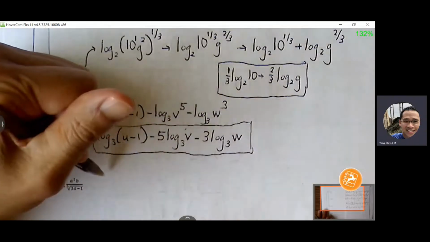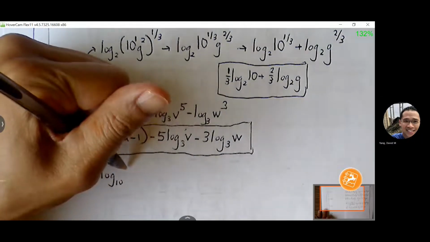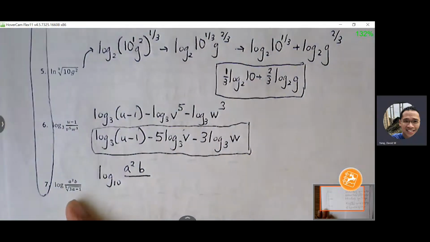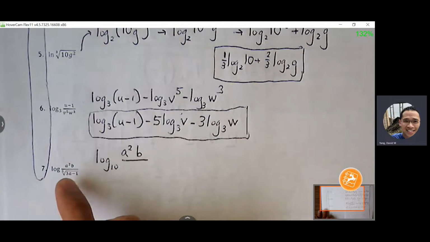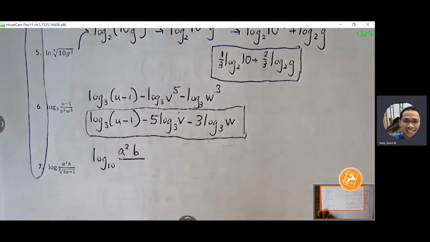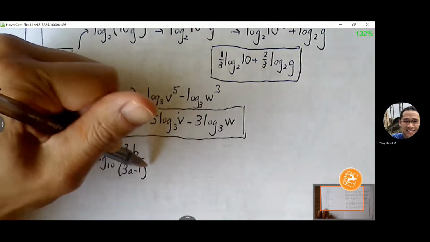Okay, number 7. The hidden base is log base 10. And I can rewrite that denominator using rational exponent, 3a minus 1 raised to what power? How do I rewrite 5th root? 1/5.